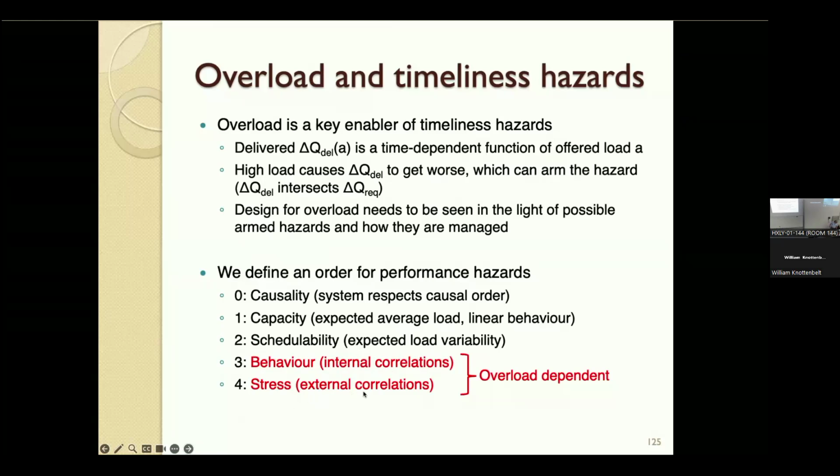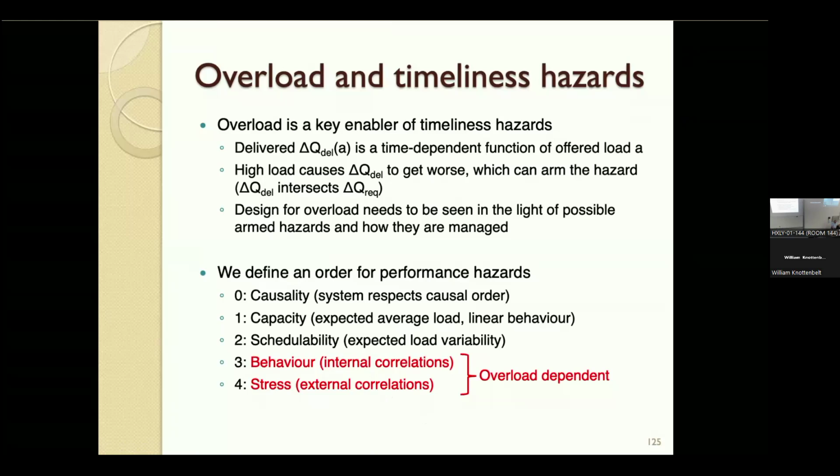And the final one is external. This is, for example, when there's a natural catastrophe which causes the telephony system to be overloaded because everybody wants to make a phone call. So the idea is to design for these internal and external correlations.